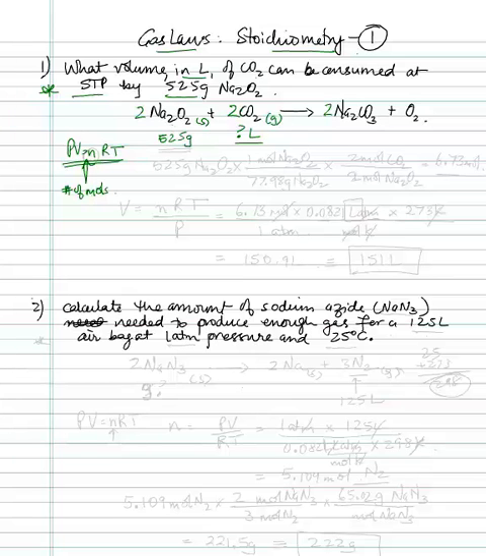Pressure we know, because at STP the pressure is 1 atmosphere. Volume is what we are calculating for. Number of moles we can find from stoichiometry using the equation. R is the gas constant, and the temperature is given to us, STP, which is 0 degrees Celsius, and that is 273 Kelvin.